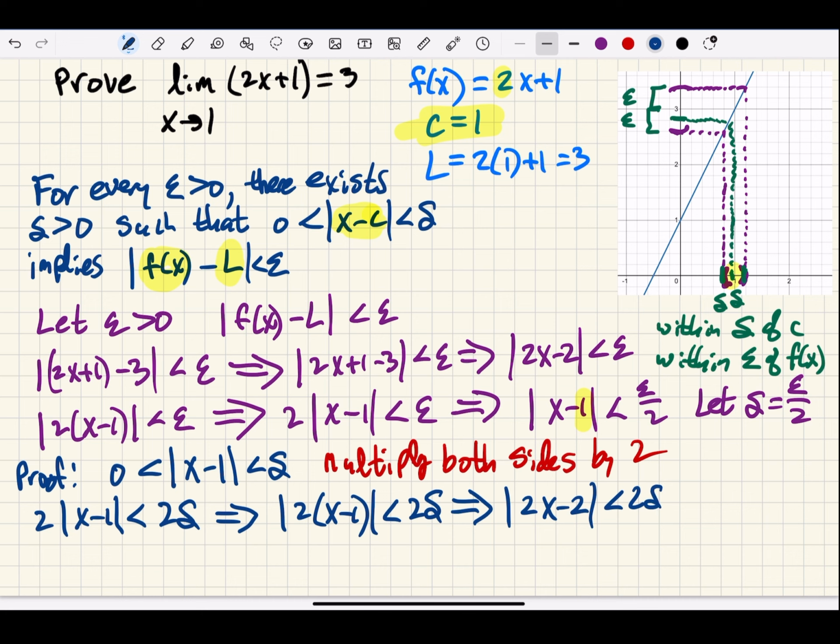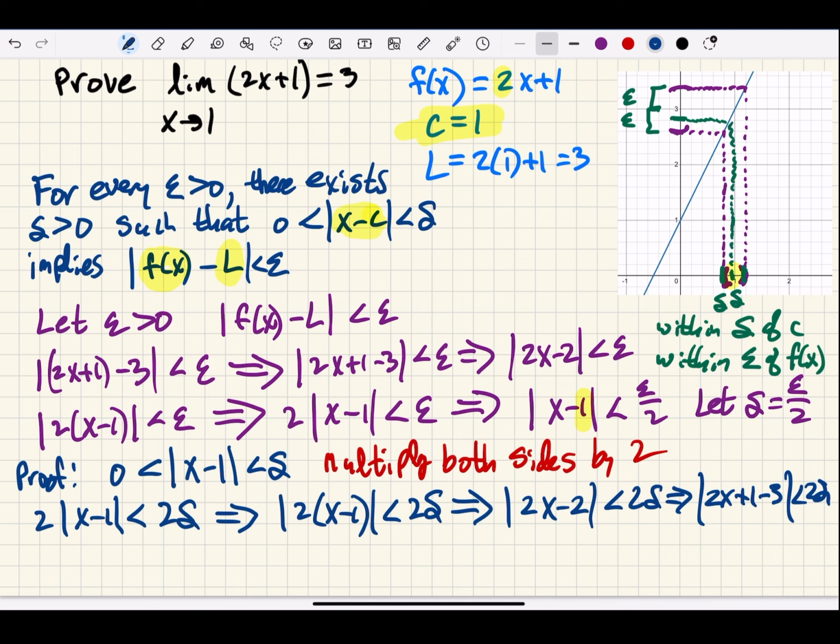Now remember that the limit is 3, so we could write this, what's inside the absolute value here, as the absolute value of 2x plus 1, there's our function, minus 3, less than 2 delta.